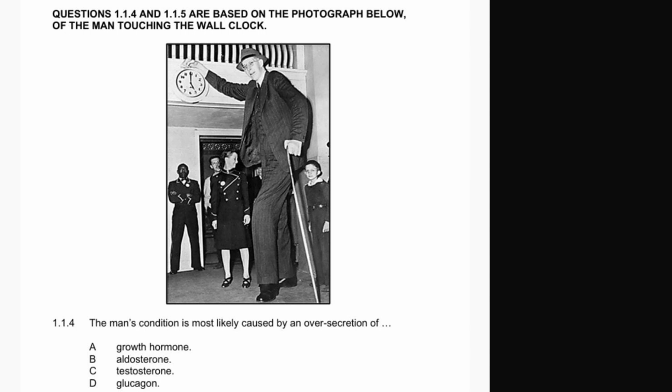Right. Therefore, now questions 1.1.4 and 1.1.5 are based on the photograph below of the man touching the wall. Therefore, now question 1.1.4 says that the man's condition is most likely caused by an over-secretion of what we call a growth hormone.